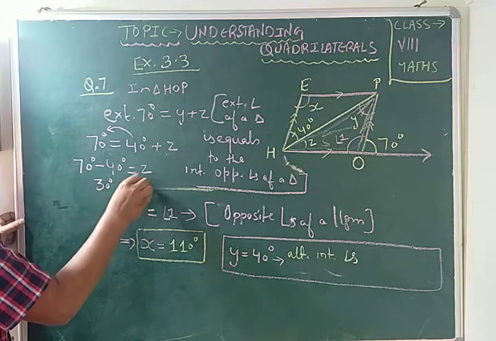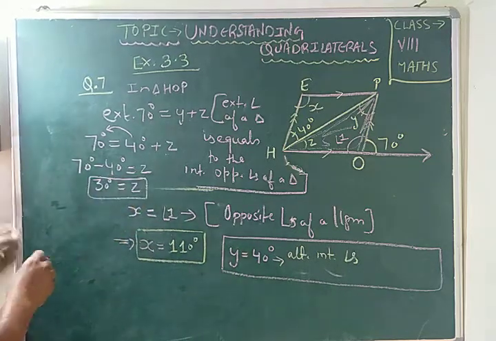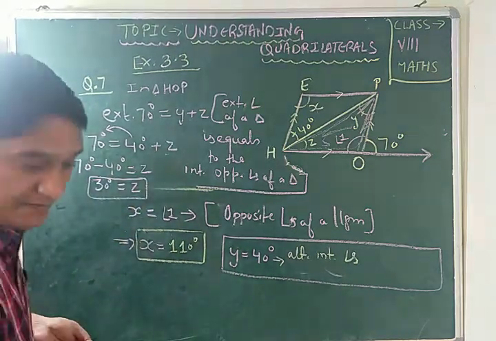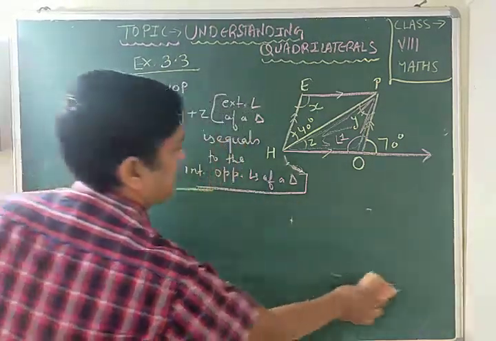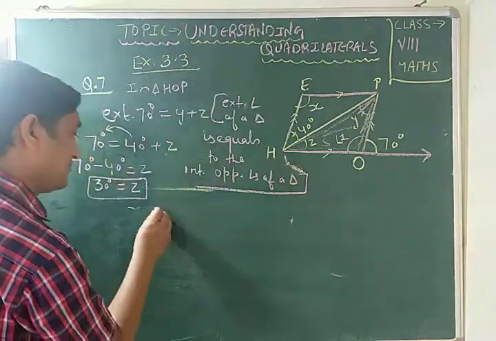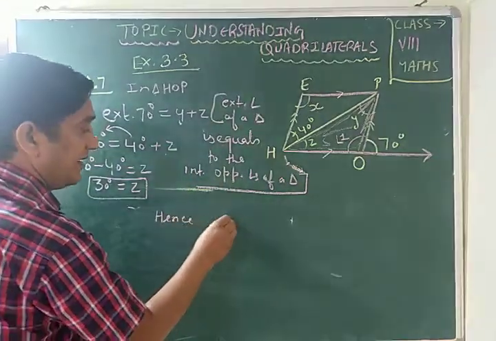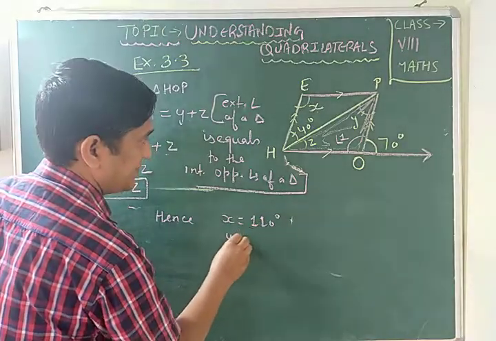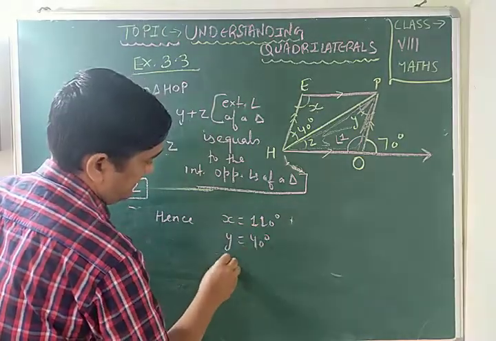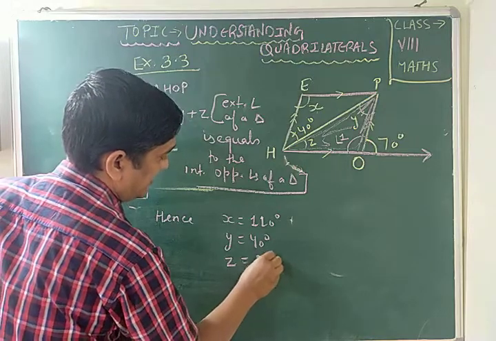The value of z is 30 degree. Hence you can say that angle x is 110 degree, y is 40 degree and z is 30 degree.